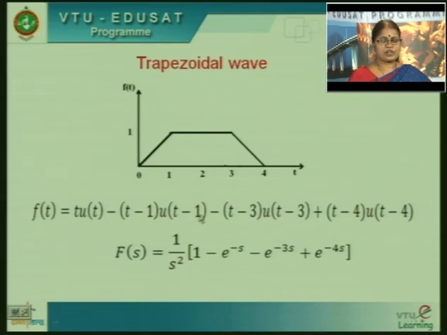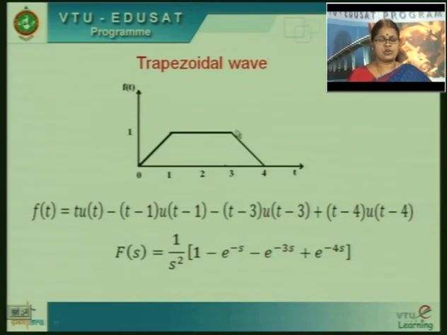If we had only these two signals, then our function will have a ramp up to 1 and thereafter it will be a signal having a constant magnitude of value 1. It will continue like this, but we do not want it to continue with the magnitude 1. We want the slope to change from 0 to minus 1.